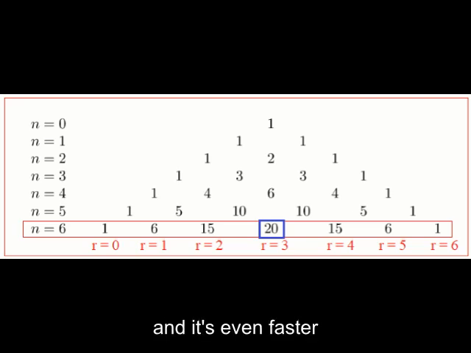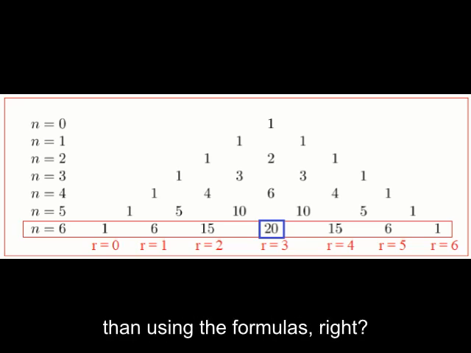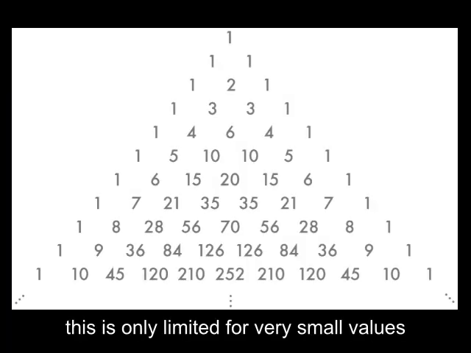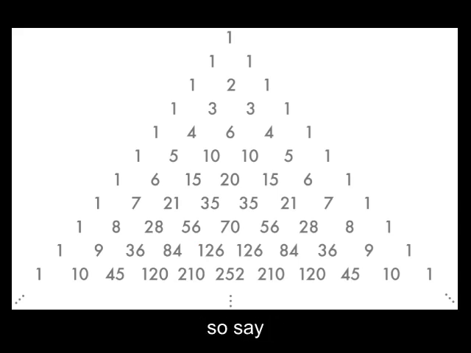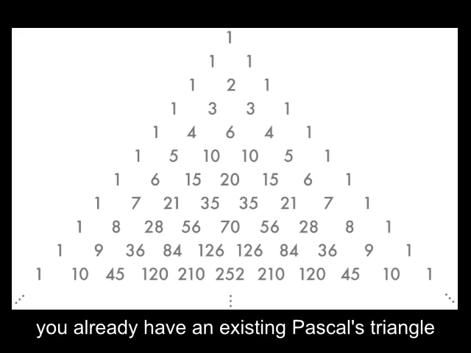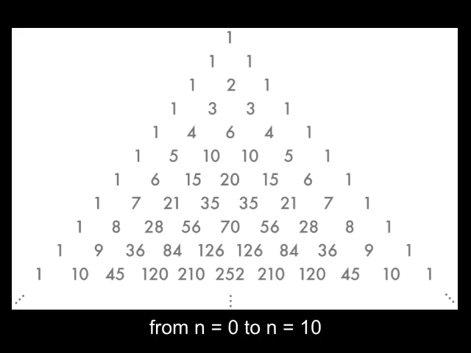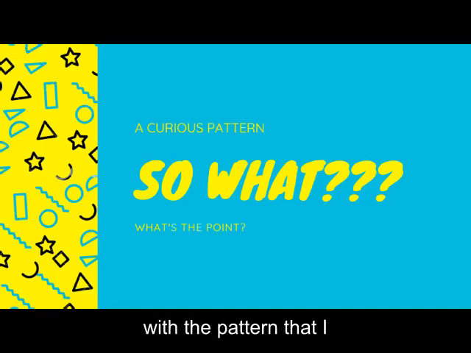And it's even faster than using the formulas, right? However, this is only limited to very small values of n. So say you already have an existing Pascal's triangle from n equals 0 to n equals 10. What does this have to do with the pattern that I described earlier?